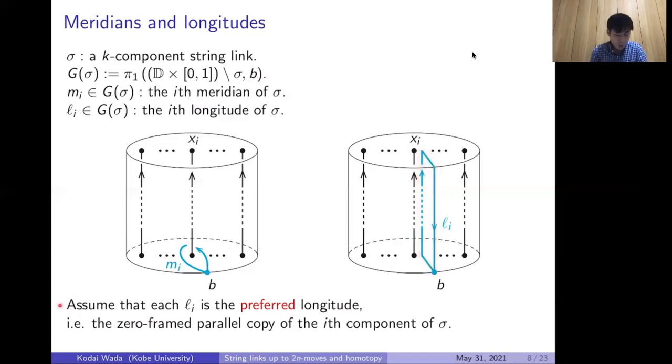In this talk, we assume that each longitude l i is the preferred longitude. That is, we assume that this red part is the zero-framed parallel copy of the ith component of sigma.